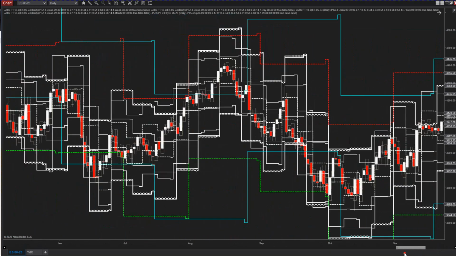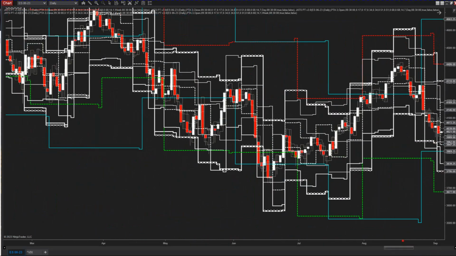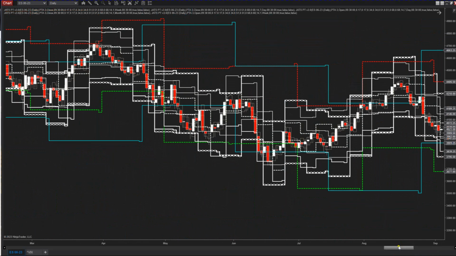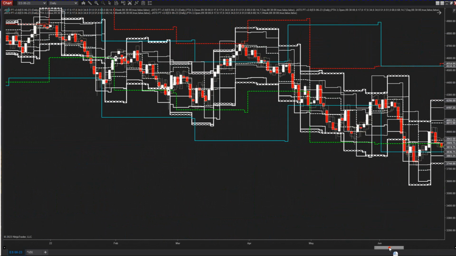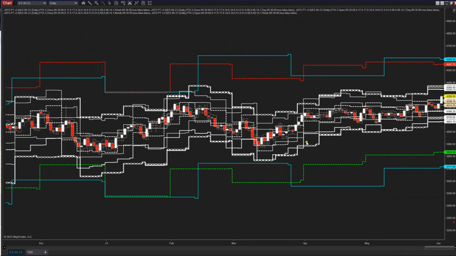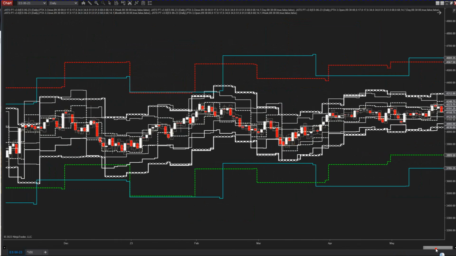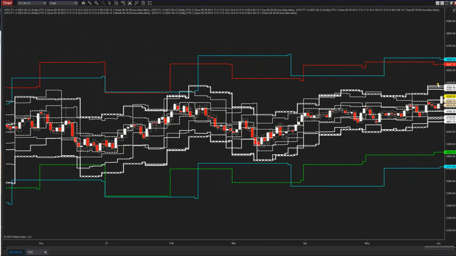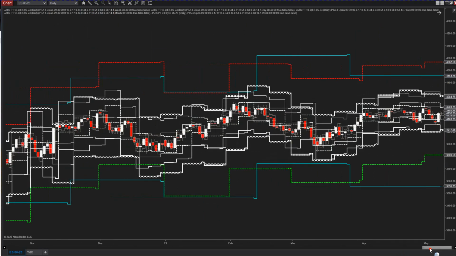Doesn't always happen. Nothing is permanent. You have to put the hypothetical disclaimer on that. Just because it's happened in the past doesn't mean it's going to happen in the future. But it could break the line and then go to these outer bands. And that's when the risk would be moved from the ones to the outer bands.